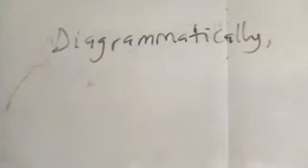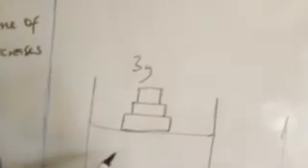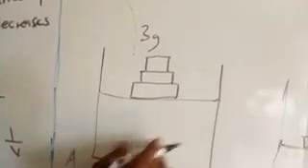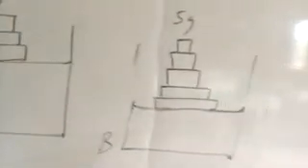Diagrammatically, let us see how we can practicalize the law. If you look at this diagram, you see that this is beaker A, beaker B, and beaker C. Now, in beaker A, we have 3 masses.